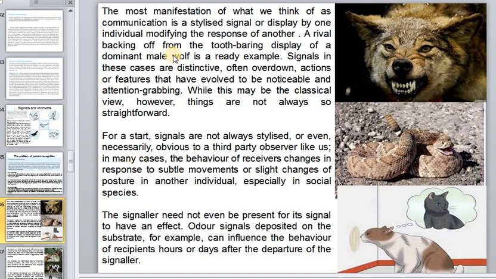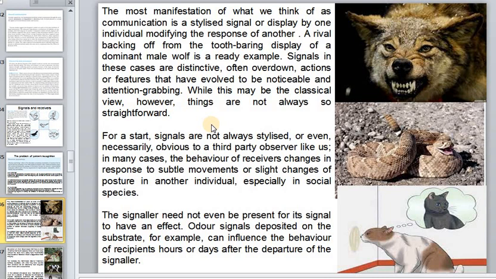The most obvious manifestation of what we think of as communication is the stylized signal or display by one individual, modifying the response of another. The baring of teeth display of the dominant male wolf, for example, is a classic example.